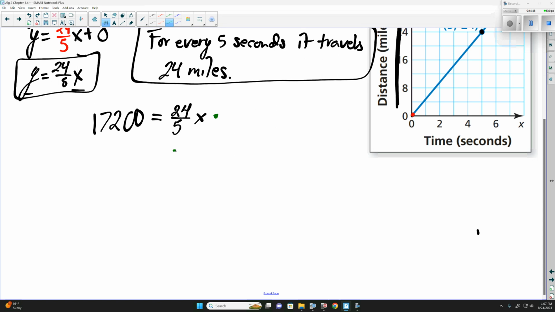So we need to get rid of the 24 over 5, yes? So we can't multiply by 24 over 5. We can multiply by what? 5 over 24.